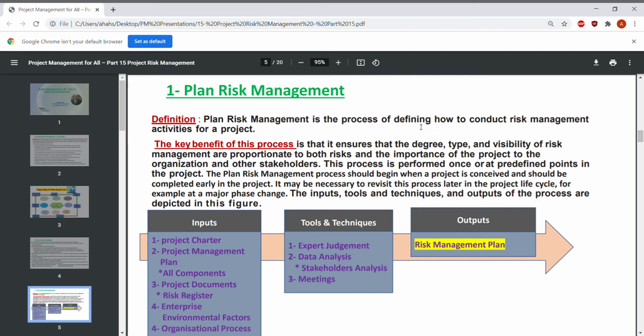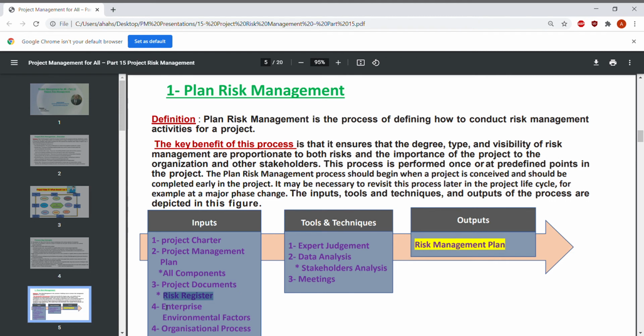The inputs for this process: the first one is the project charter. The second one is the project management plan, which includes all the components of the project management plan, which we talked about before actually. The third input is the project documents, which include the risk register.